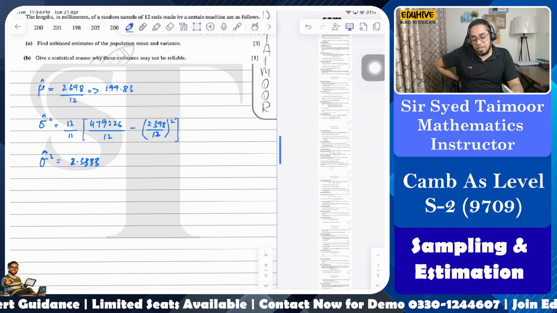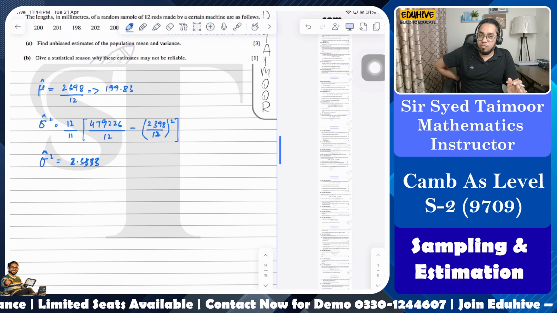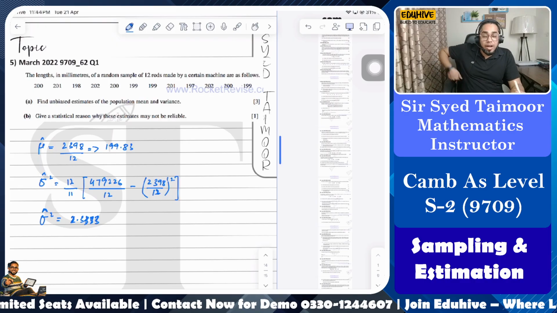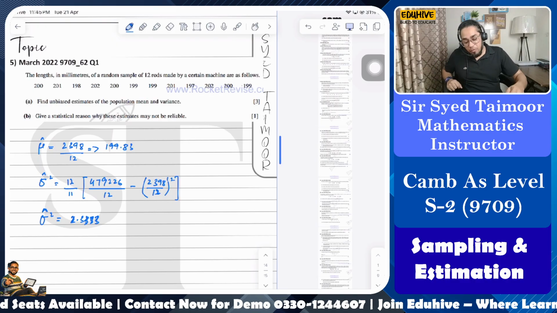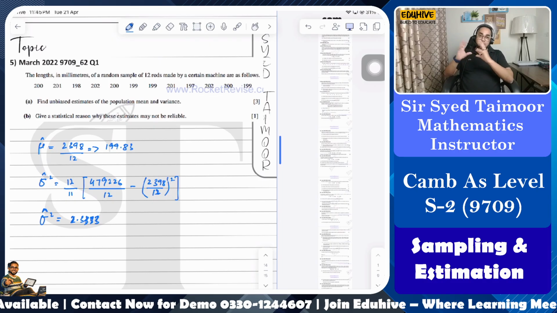Give a statistical reason why these estimates may not be reliable. Why? Just my question, why do we take the estimated mean and the variance? That is an important question first.